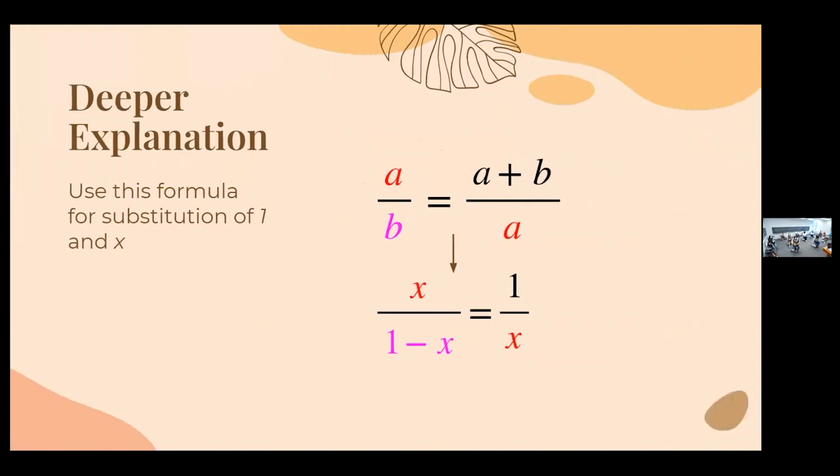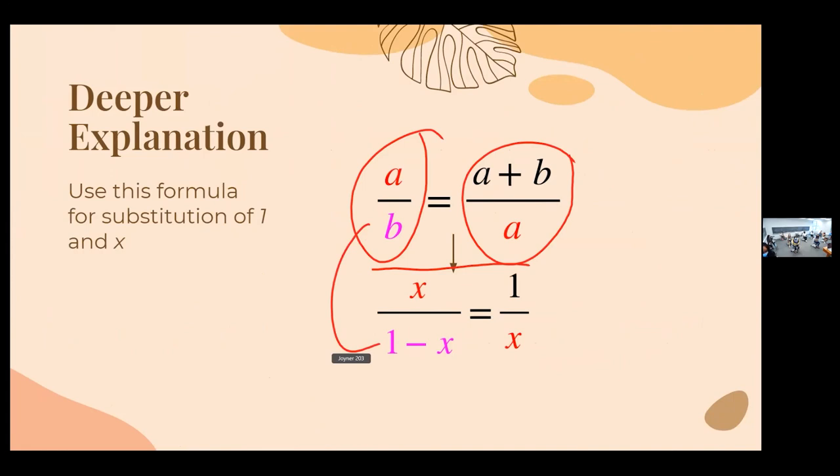Like Rebecca said before in her slide, the long segment over the short segment equals the whole segment over the long segment. To simplify it more, since we are using a lot of variables in this one, we can say instead the long segment, x, over 1 minus x, which is b, is going to equal 1, the whole segment, over the long segment, even though the whole segment can be any number.